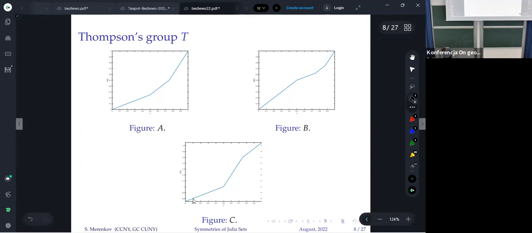And C actually doesn't fix the origin, which is not super clear from this picture, but unlike these two, it doesn't start at 0. This is 0, and this is 0.75. So it's also a shift. It doesn't fix the origin. So these 3 elements generate the full Thomson group T.